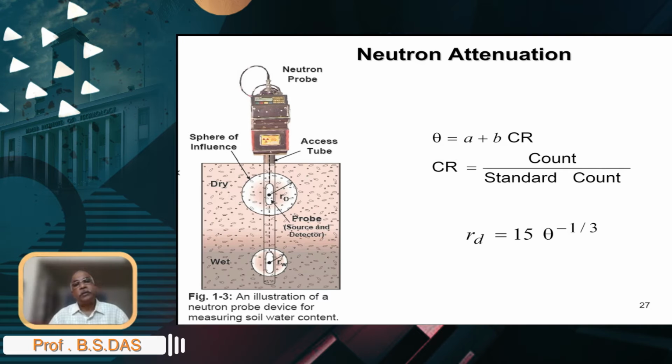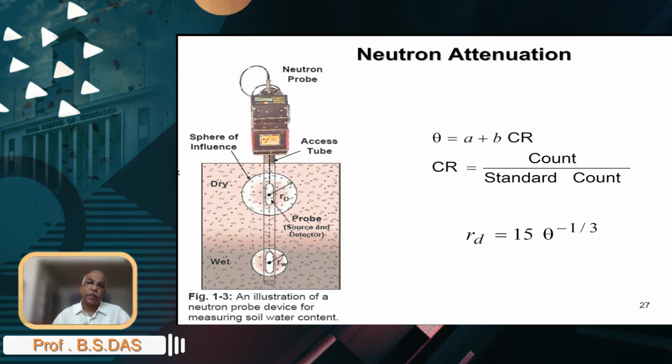In other words, you can estimate these coefficients A and B. Once you know these, in an unknown location you measure the count ratio, and since you already know A and B, you should be able to indirectly measure the water content. So that's the idea.